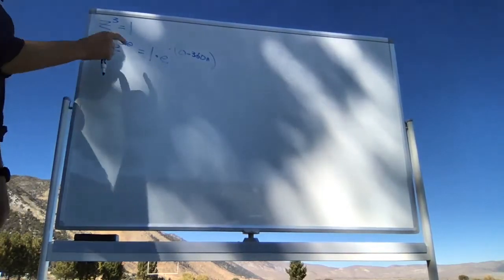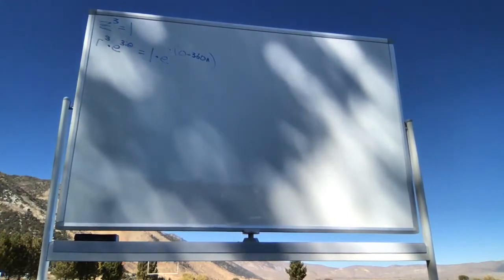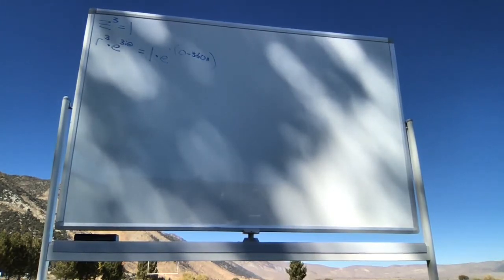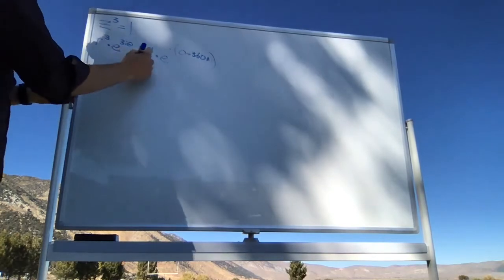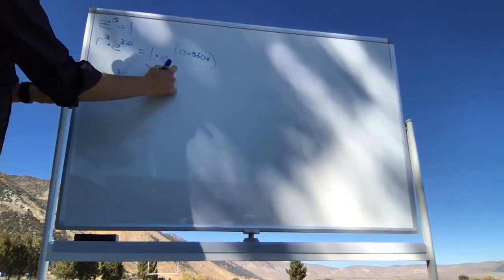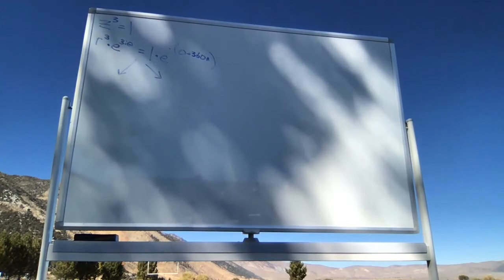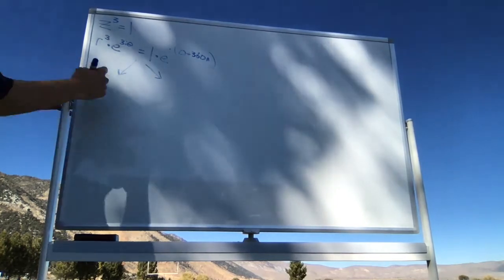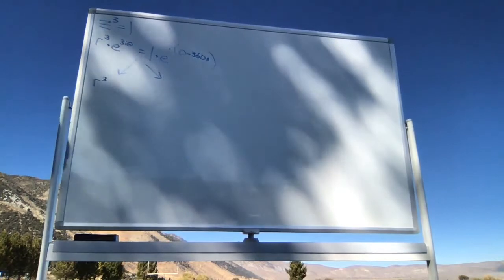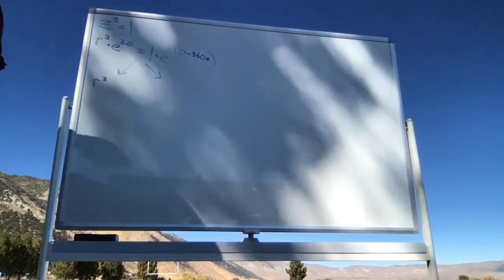Okay, we have everything converted to polar. Now what? I'm going to come up with 2 equations. You need to tell me where they come from. Give me one of the equations. R cubed is equal to what?